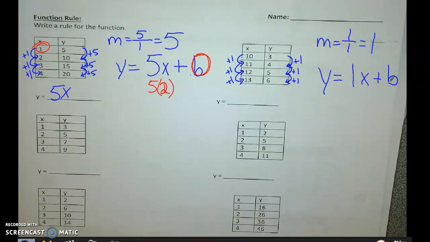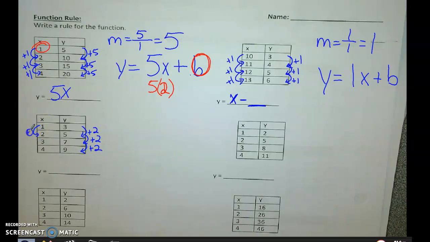Then you're going to write your equation. I'm going to go ahead and tell you, you do need a b, so you're going to need to figure it out. So y equals 1x plus whatever your b is. And actually, I'll even tell you that to get there, instead of adding, you're actually going to be subtracting.